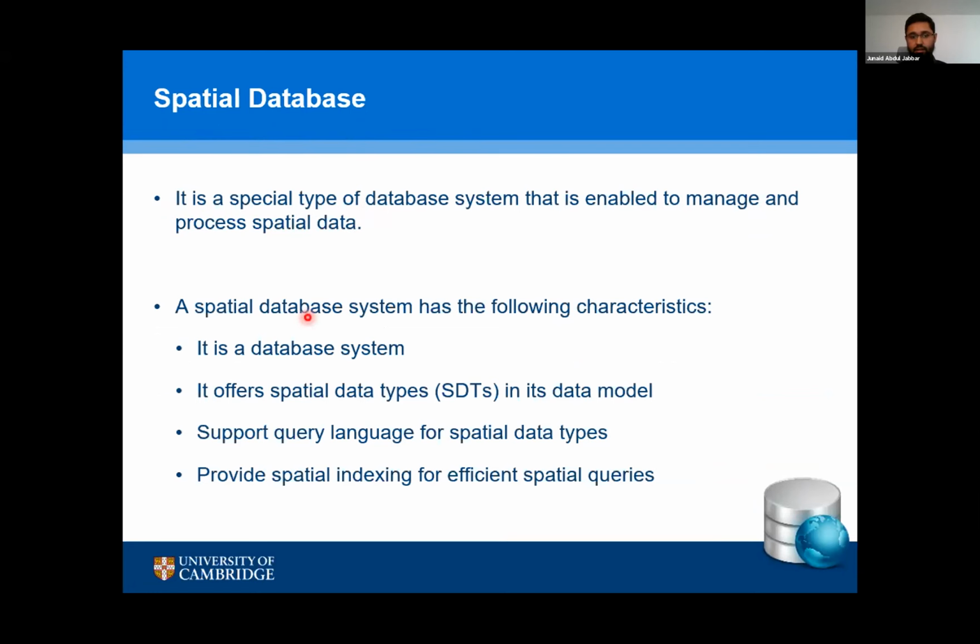So the characteristics of a spatial database system are as follows. It is simply a database system, so it provides the functionalities that have been discussed by Mahmood in the last presentation.